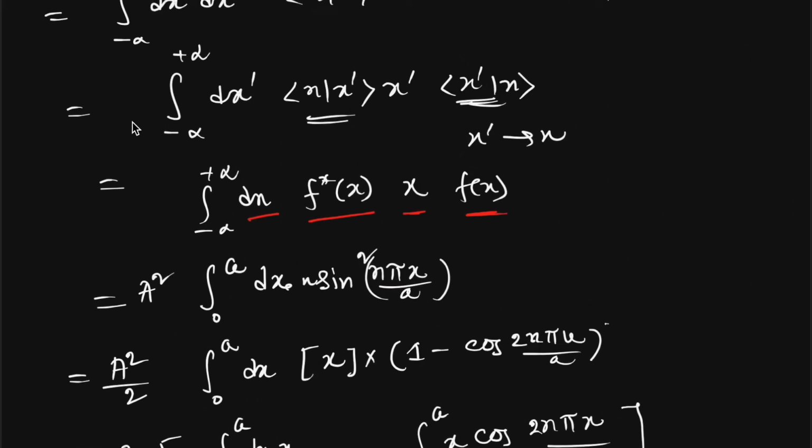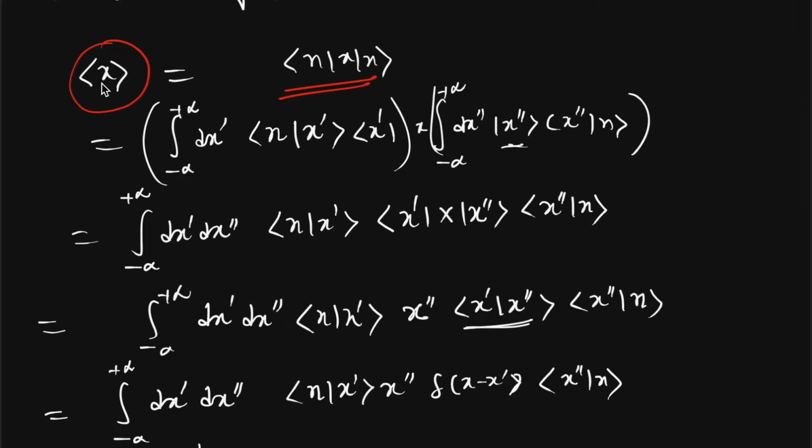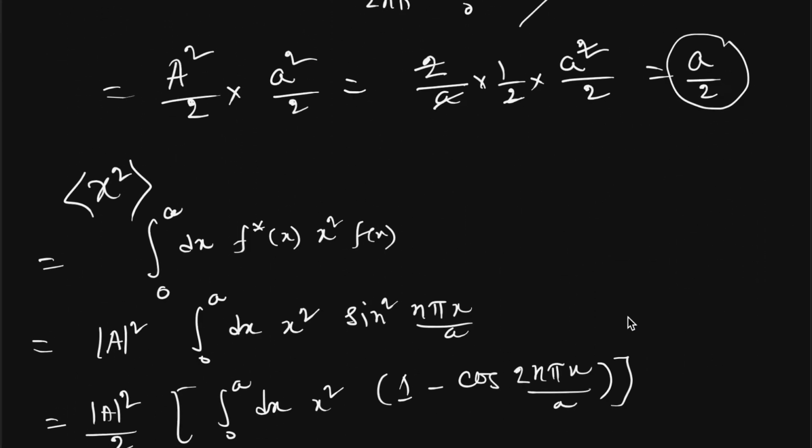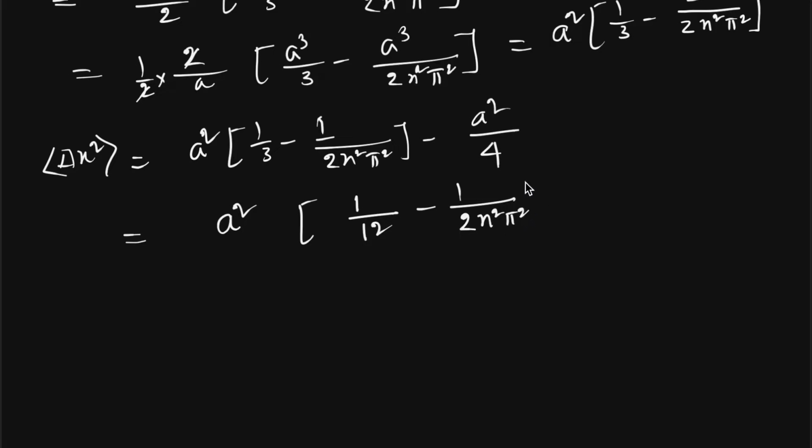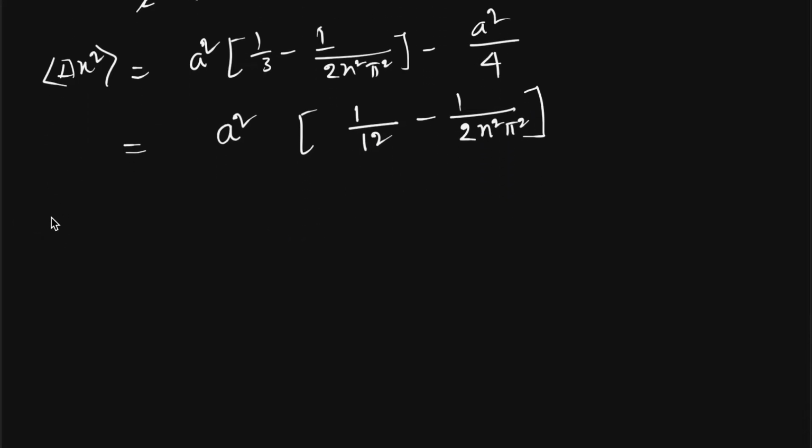The expectation value of x is nothing but a by 2, that means minus a² by 4, that means a² times (1 by 12 minus 1 by 2n²π²). So that is the dispersion of delta x squared.